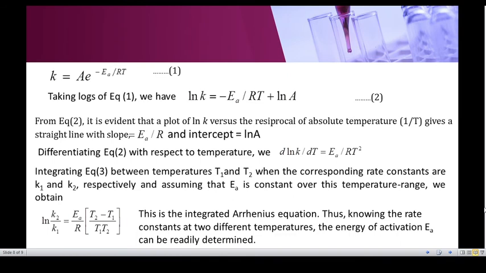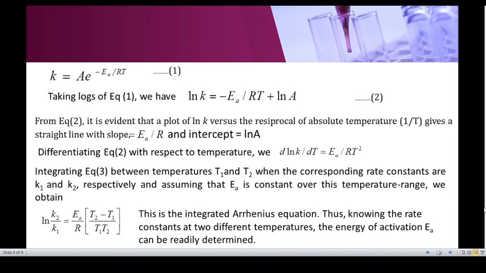Now integrate this equation, d ln k divided by dT equal to Ea by RT square, between two temperatures T1 and T2 and rearrange, and we will get ln k2 by k1 equal to Ea by R into (T2 minus T1) by T1 T2.